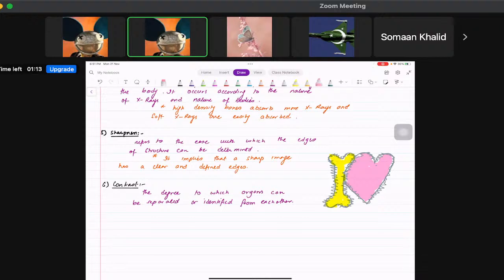But what if they were like this, and the yellow was like this? Now, you might still be able to see them, but the color is so uniform that there's no contrast. So contrast basically is how color defines two different organs or things, whereas the edges are defined by how sharp the image is. Is it clear, everyone?